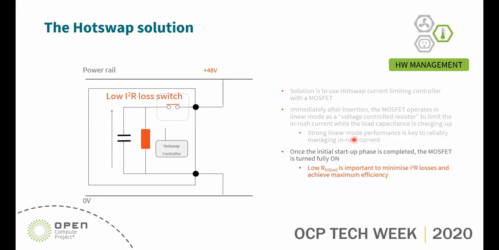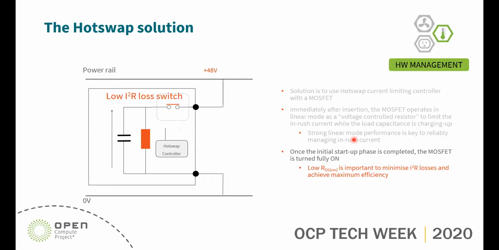What happens in electronics in general, and in particular with components, is that if you enhance an area in a device, it normally comes at a penalty or a trade-off in another area. In this case, if we make the MOSFET strong in its linear mode operation, it tends to come at the cost of having a higher RDS(on) than it normally would.